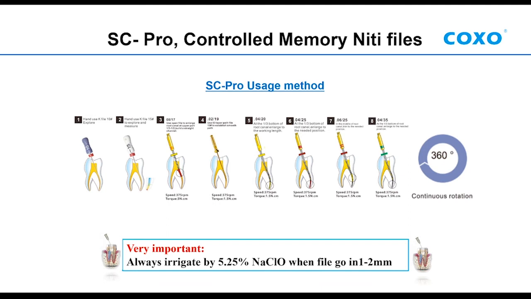For our suggestion, if you want to do the operation, it is better to go until 0625, then you can feel the material much better. And if you see the root canal is really very big, you can make it until 0435. This is step by step how you use our endophyte.